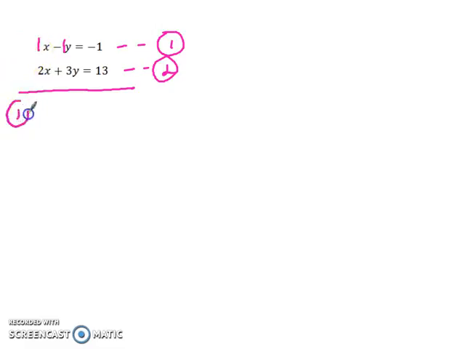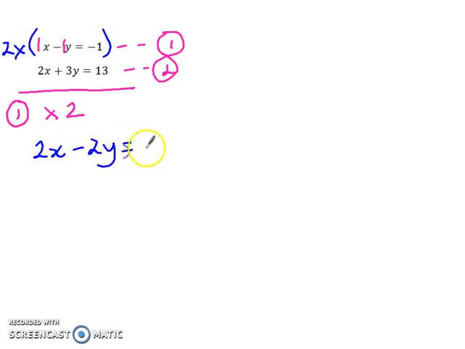If I was to get equation 1 and double the whole thing, so what I'm doing is getting this whole equation and doubling it, I'm going to have 2x take 2y equals minus 2. Let's call that one now equation 3.